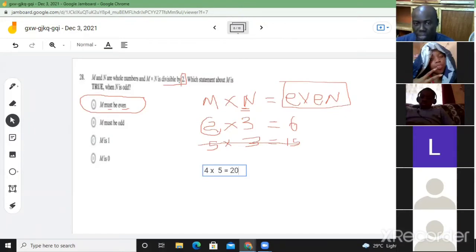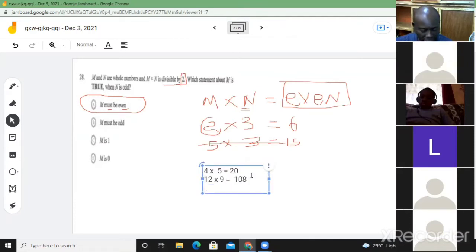See that we get 20? And 20 is good. Say you try 12 times any odd number, 9. What will we get? 108. And you say that 108 is still even? Yes, sir.